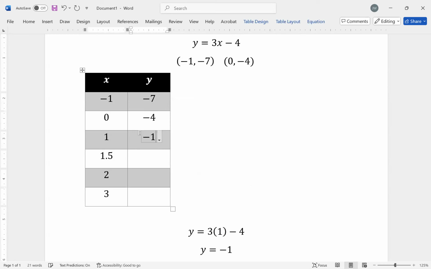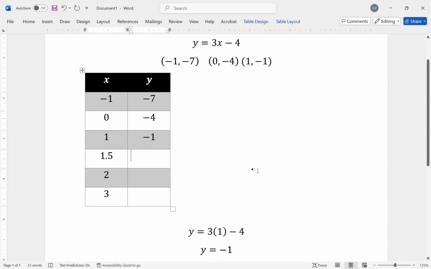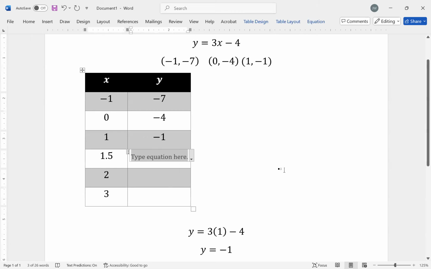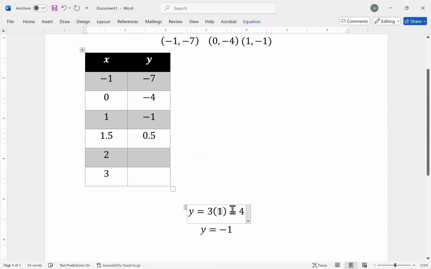So I get 1, -1 as a point on the graph. When you plug in 1.5, 3 times 1.5 minus 4 gives you a positive 0.5. So that's another point on the graph.